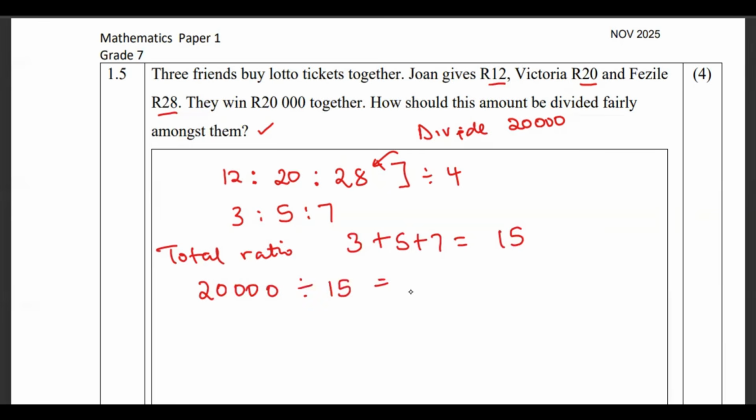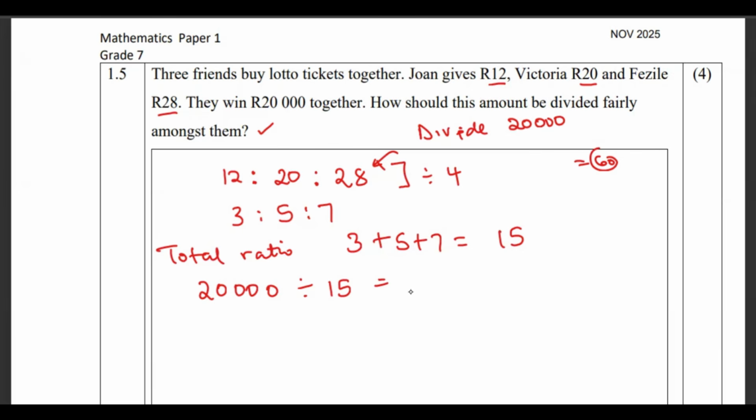If you still use the 12, the 20, and the 28, you still end up with the same answer. You get a total of 60, and then divide 20,000 by 60. So 20,000 divided by 15, I'm getting a very big number.